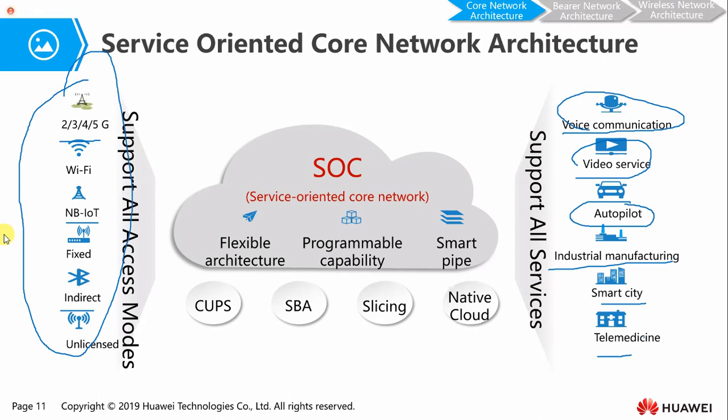For example, for video service, we need more bandwidth and high throughput. For autopilot, automatic driving, we need low latency. And industrial manufacturing also needs low latency.